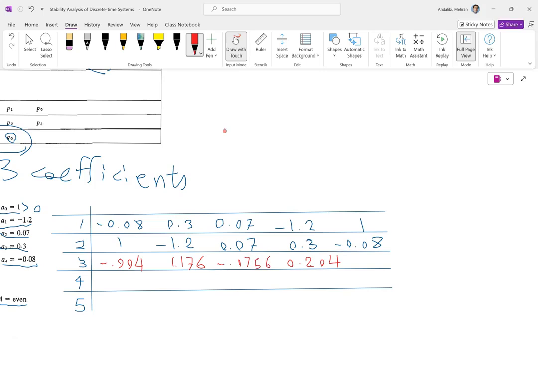Now in the next row, you have to invert it, so you can go like 0.204.